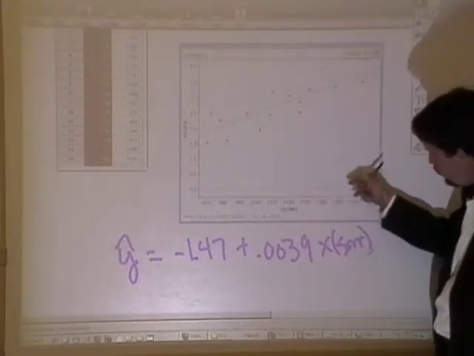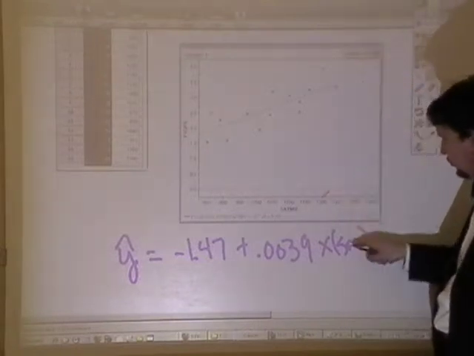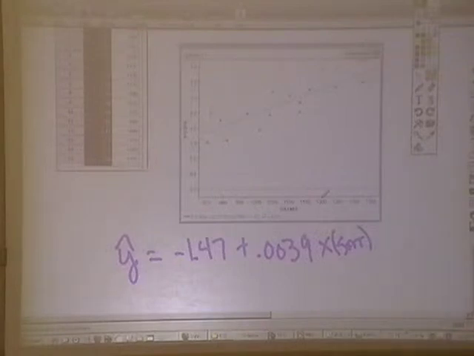All right. So we're going to start off with a value of 1200, and we're going to put 1200 in for x. Grabbing a calculator.